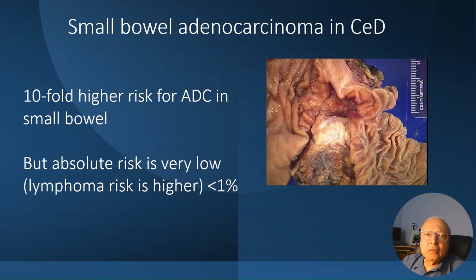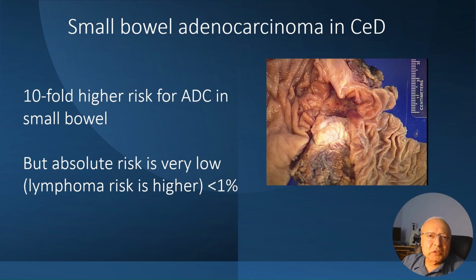Another tumor that may occur as a complication of long-term celiac disease is a small bowel adenocarcinoma. Although the risk is stated to be 10-fold higher than average, the overall risk is quite low because small bowel is not a common site for adenocarcinoma for multiple reasons.